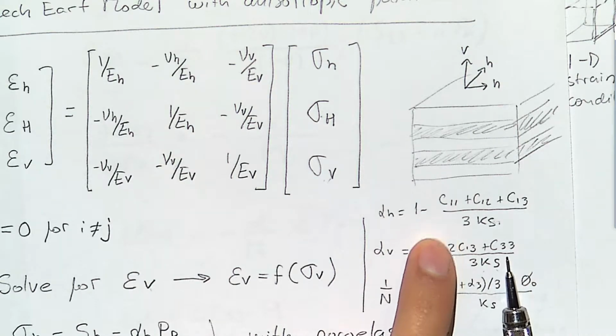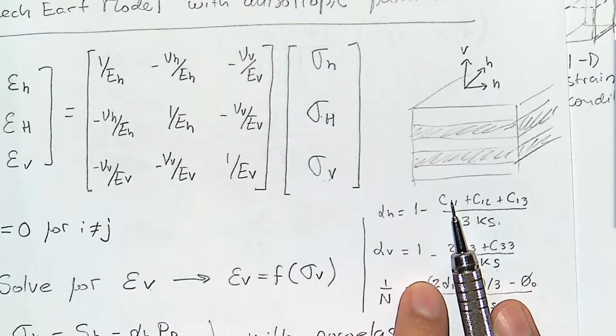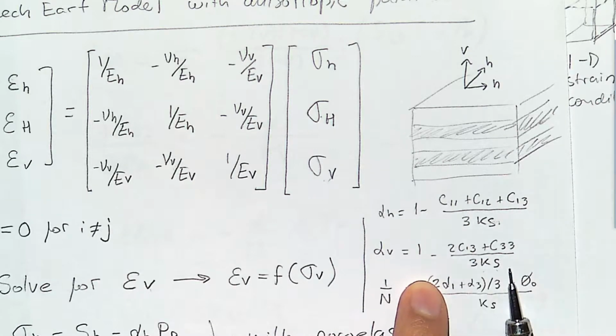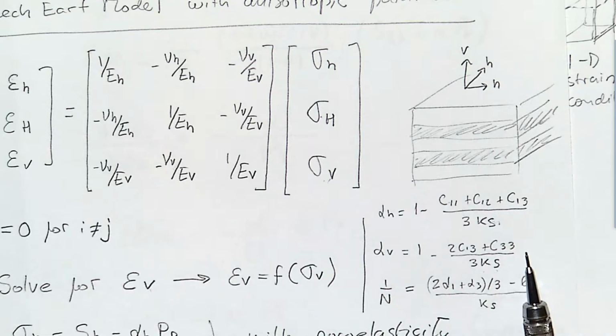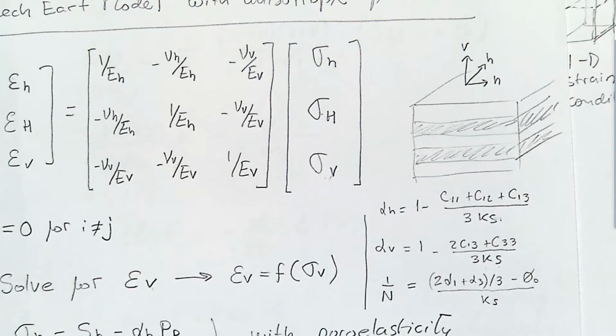And when you compare this, then this is bigger than that one, so it's going to subtract more, and alpha H is going to be smaller than alpha V. If you check that paper that we discussed about this model of stresses as a function of anisotropic parameters and anisotropic Biot coefficient, you will see that alpha H was smaller than alpha V. And that's because the rock is stiffer in the horizontal direction than in the vertical direction. And because the rock is stiffer, that means that the Biot coefficient is going to be smaller in the horizontal direction.